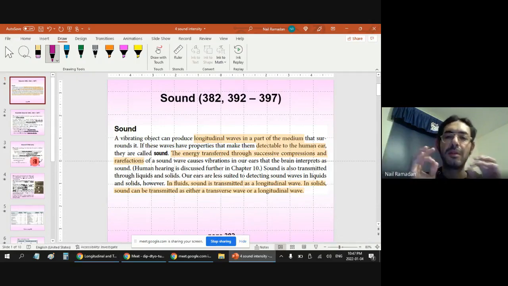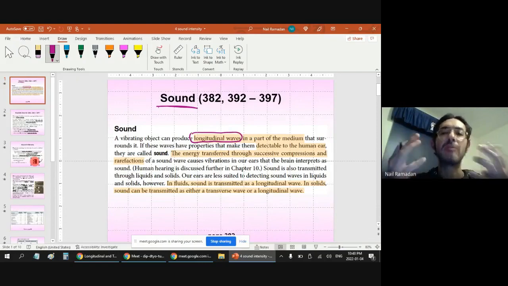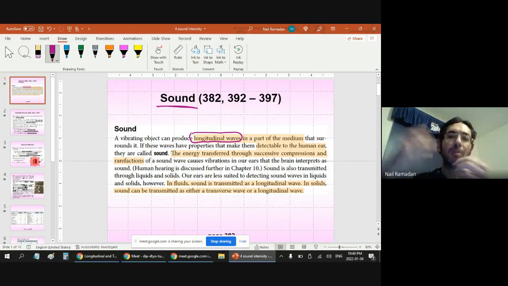The most important thing to understand about sound is that sound is always a longitudinal wave. Always remember that sound is never transverse. Sound is always longitudinal. And if you remember what longitudinal means, the way the particles vibrate is the same way that the wave propagates or appears to move in the medium.